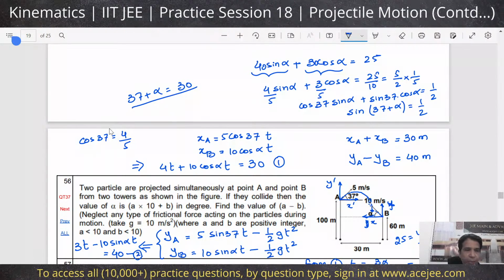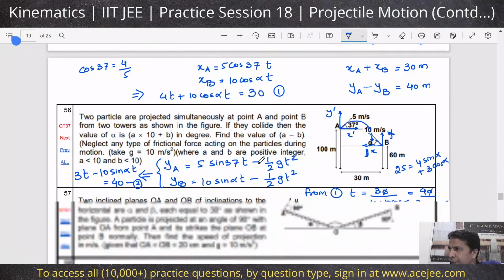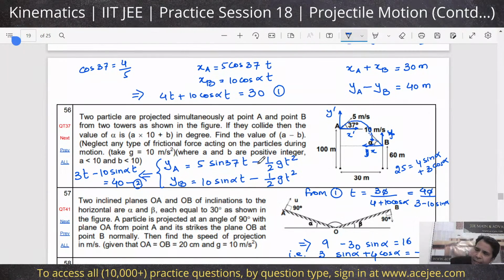Now let's revisit our equation and see where we might have gone wrong. Let's quickly revisit the horizontal part. XA, the displacement of A in the positive direction, plus the displacement of B in the negative direction, the sum of the two should be equal to 30. So the equation we have there is 4t plus 10 cos alpha t is equal to 30. Any issues with that one?